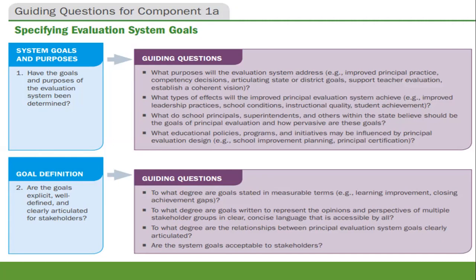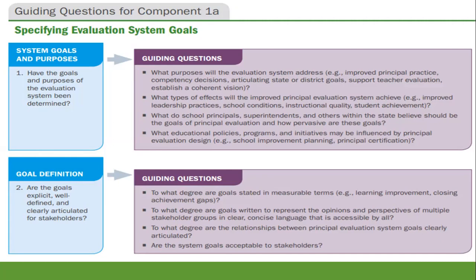So the answers to all these four guiding questions lead towards the decision on the establishment of the purposes and goals of the system.